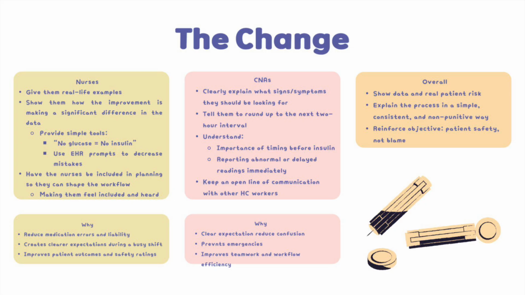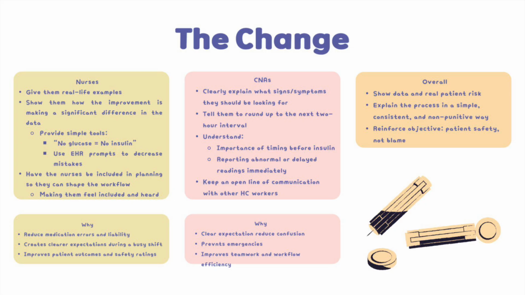CNAs also play a super important role in this process. They need to clearly understand what signs and symptoms of abnormal blood glucose to watch for, such as sweating, confusion, and shakiness. They should also understand the importance of timing, especially completing glucose checks before insulin is given and rounding tasks to the appropriate time interval.